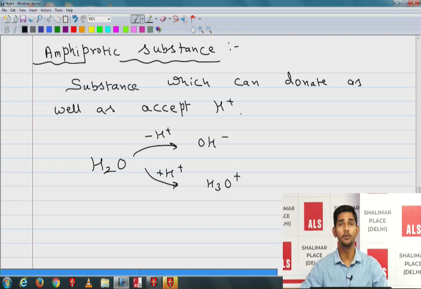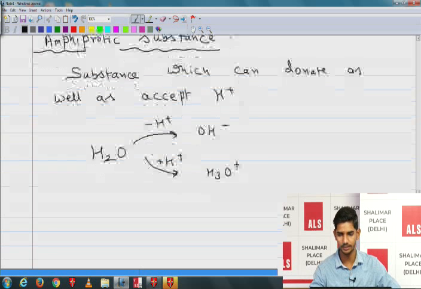Amphoteric means those substances which can act as acid as well as base. In the same manner, there is another word, amphiprotic: the species which will donate as well as accept H plus ions. So just copy this one, and let's take another example.